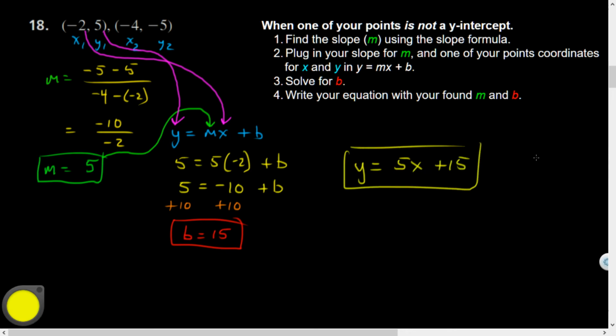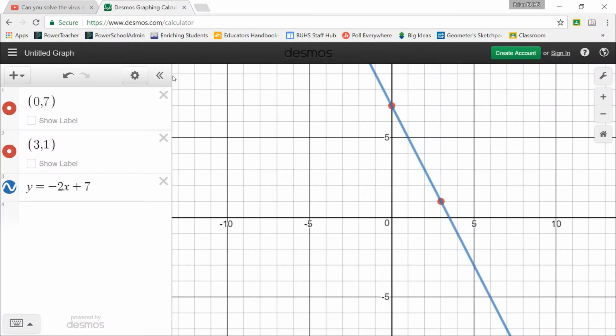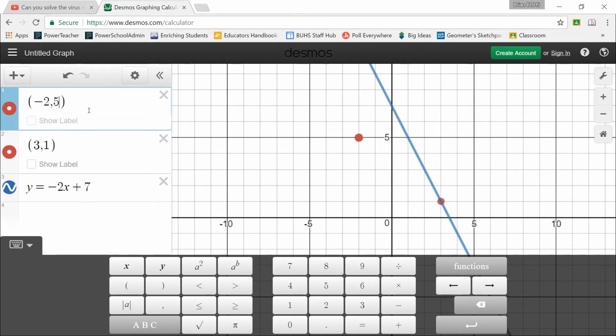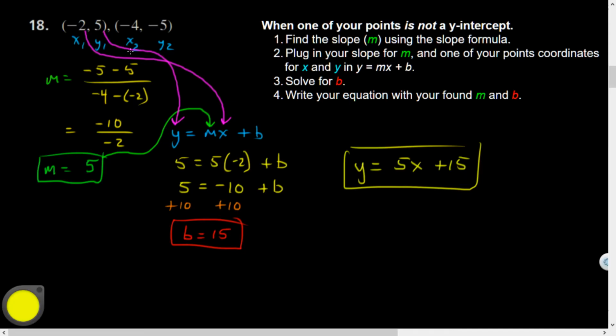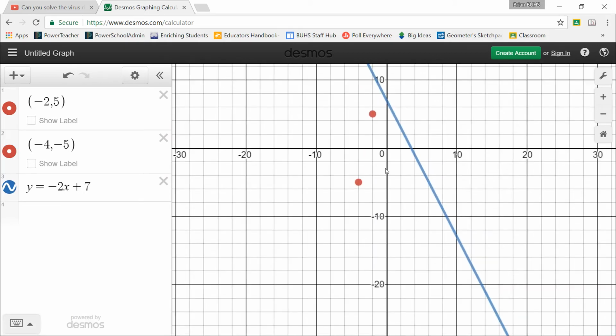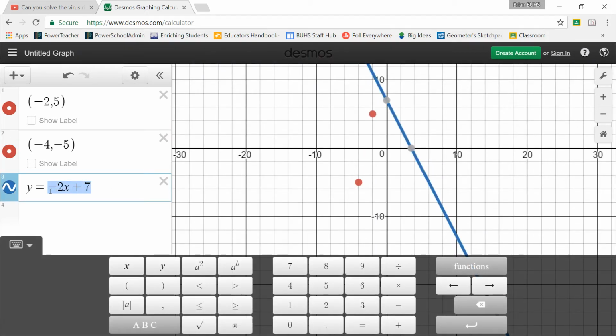Let's take a look at Desmos for this problem real quick, just to verify. Negative 2, 5 was our first point. So let's type negative 2, comma 5. And then we had negative 4, comma negative 5. All right, so there's my 2 points. Let's write our equation. So I'm saying that y equals 5x.